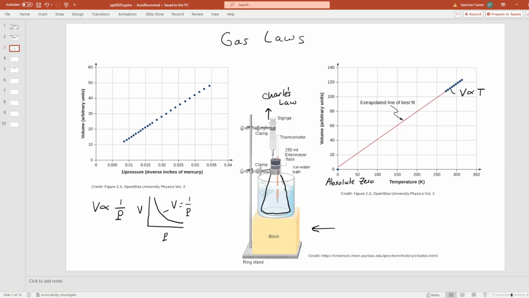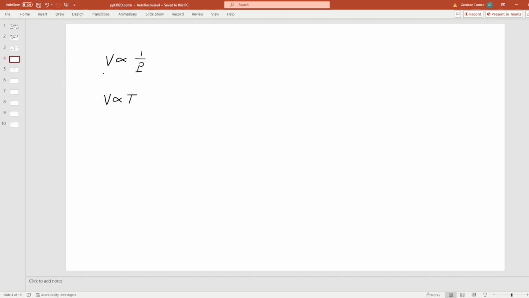And so if we put these two ideas together, the fact that your volume is proportional to the inverse of your pressure, but it's also proportional to your temperature, then to make this an equality, we insert a proportionality constant.